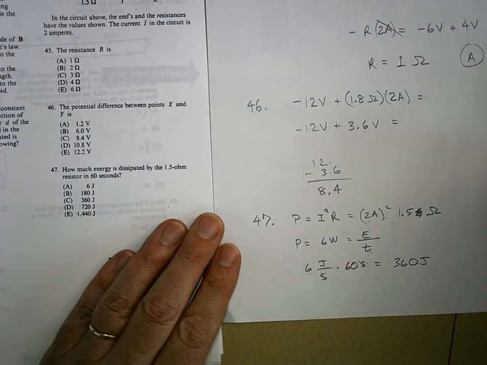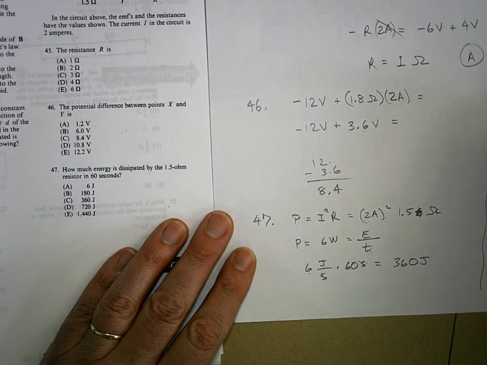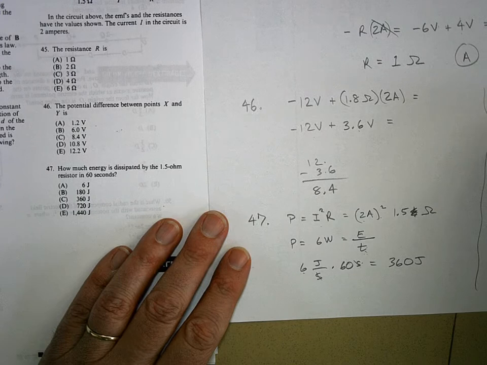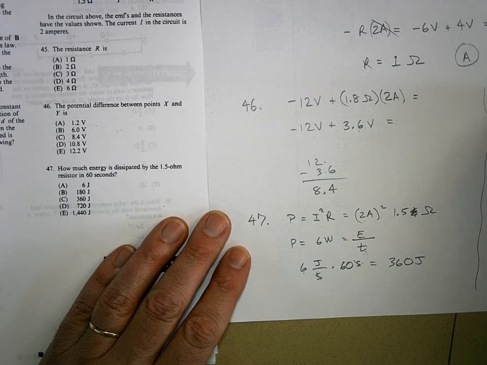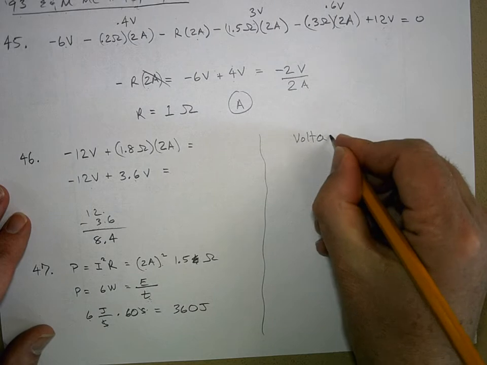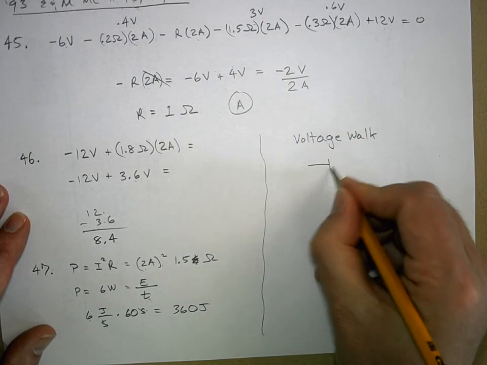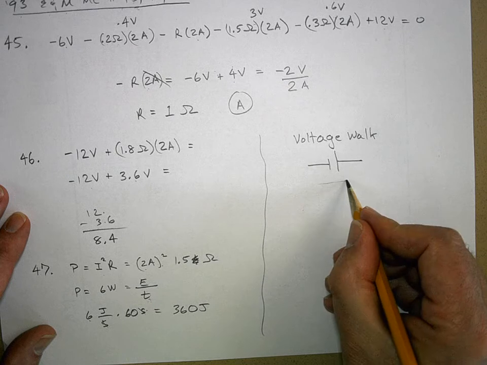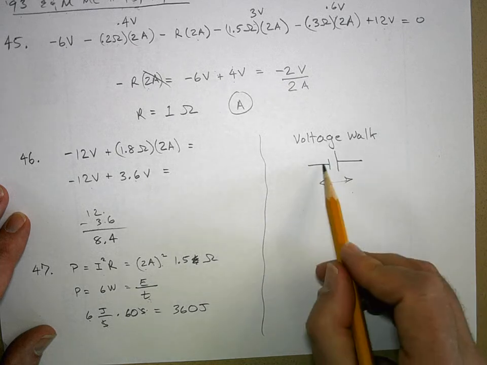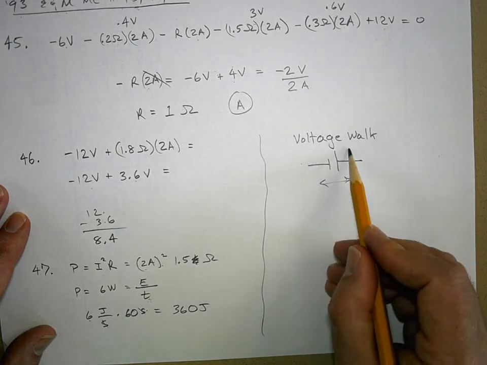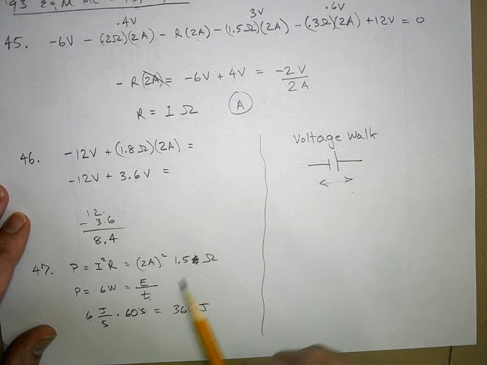So, big picture-wise, what do you need to know? You need to know how to go on a voltage walk. If you're going like this, it's a voltage gain. If you're going like this, it's a voltage drop.